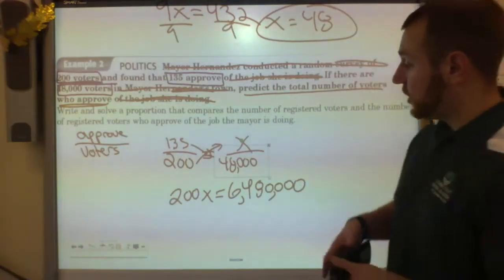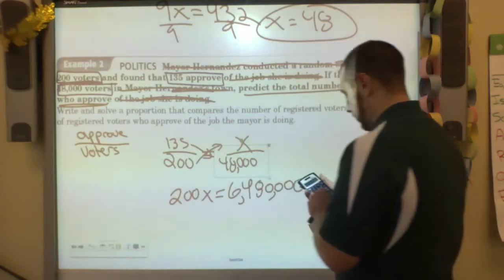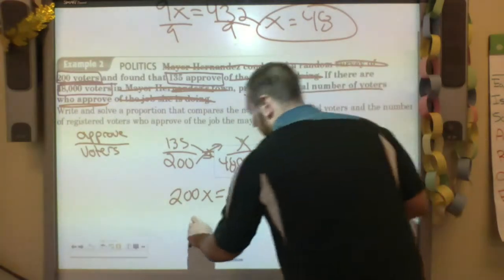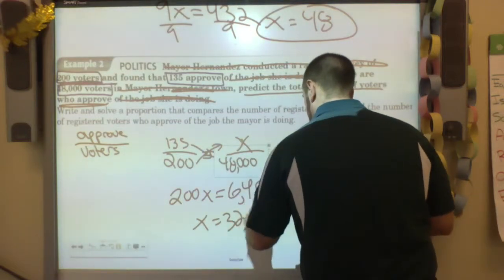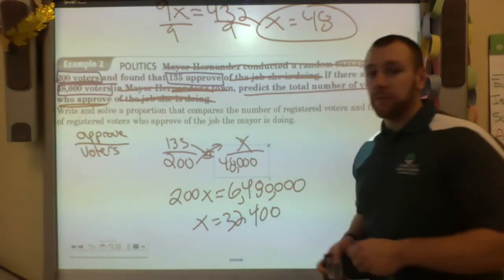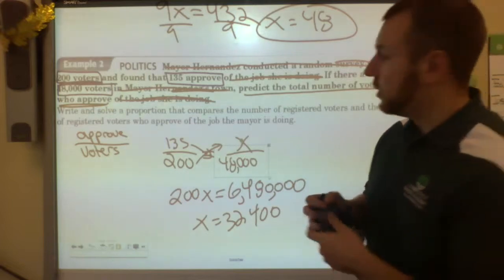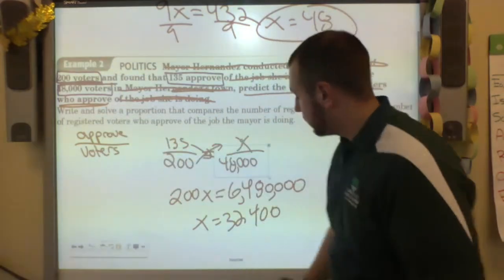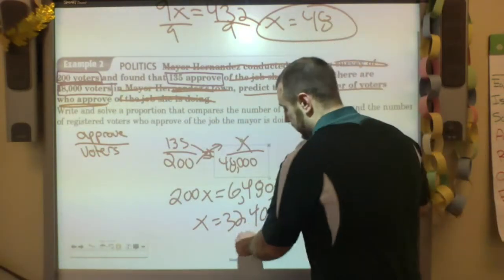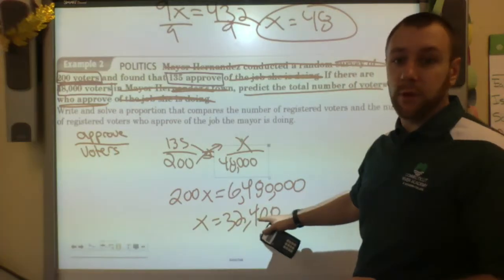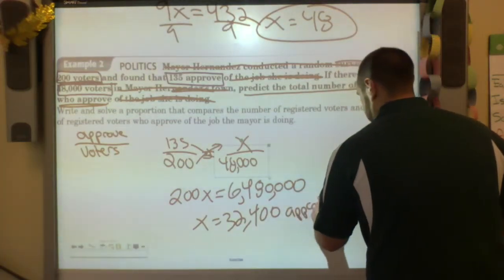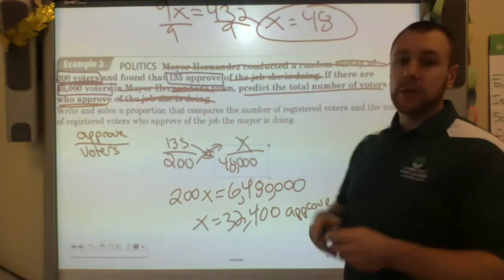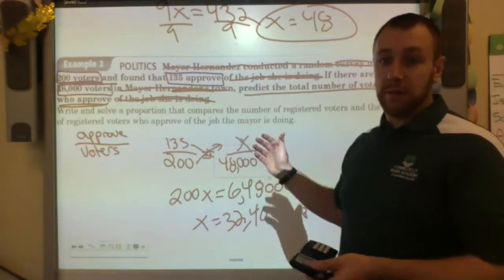So now I divide by 200 on both sides, and I get that x equals 32,400. So, she was predicting that there would be 32,400 people that approve of the job she's doing. Okay, so that's how you set up and solve a proportion.